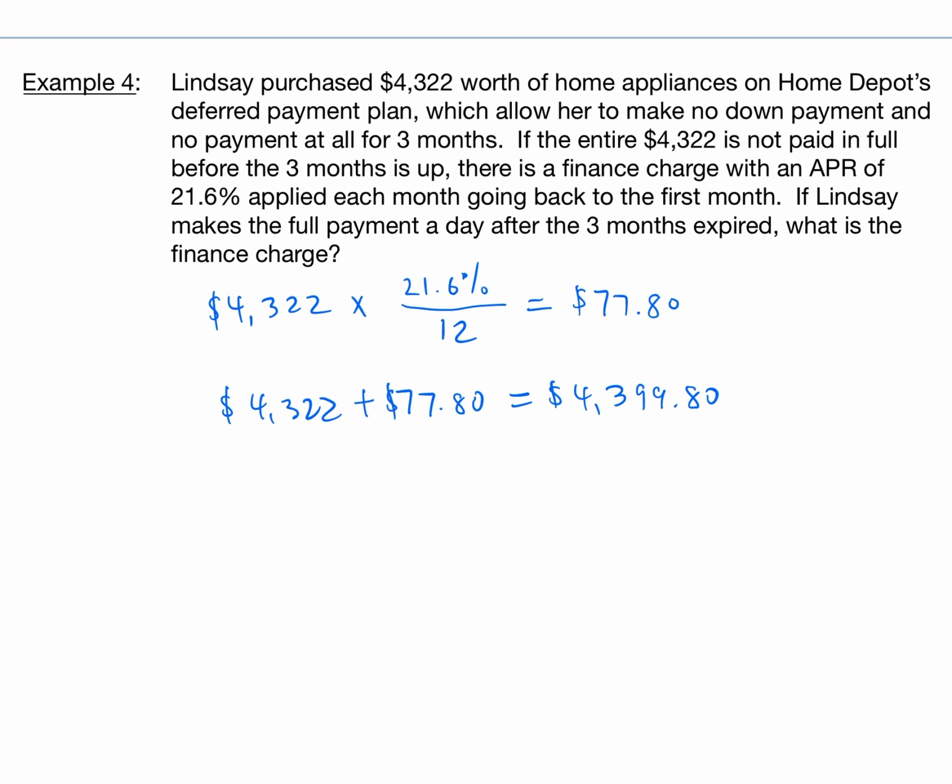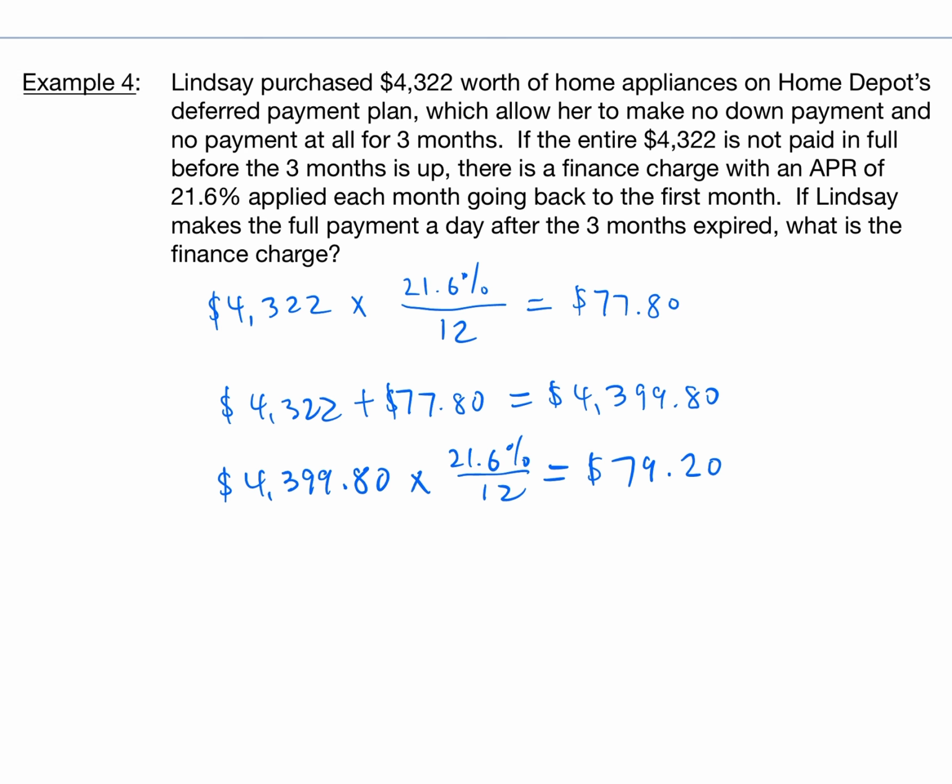Okay, now we got to do the same thing again for month two, except now we're going to start with $4,399.80, and we're going to multiply that by 21.6% divided by 12. Okay, and punching that in the calculator gives us $79.20. Okay, so that's the end of month two.